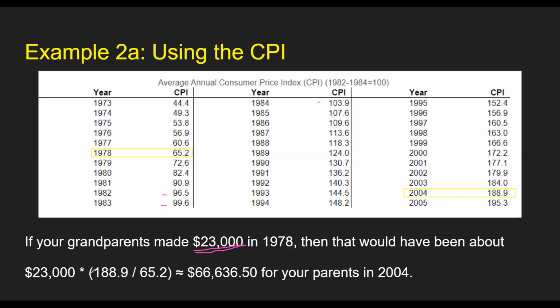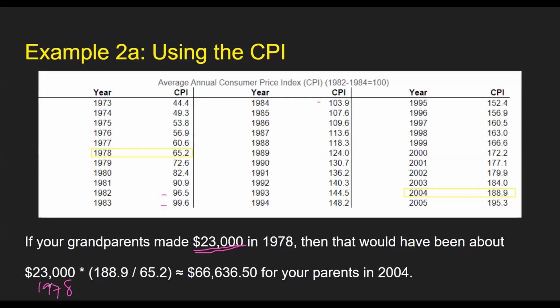So using the formula, which I think should be in your notebook by now, I've taken the reference price, which is, remember, in 1978. That was a value that I was given, so that's what I plug in for the price in X. Then I multiply by the quotient of the indices.